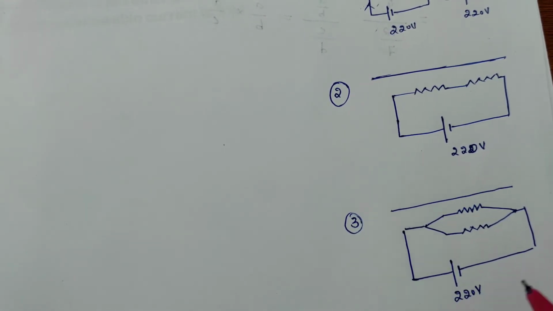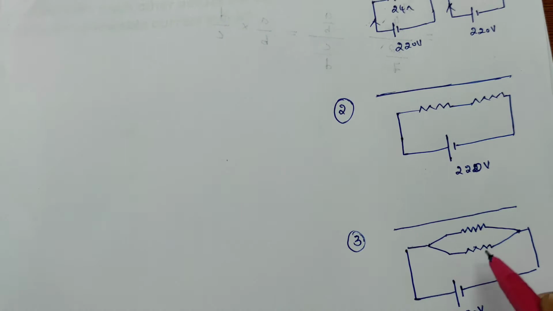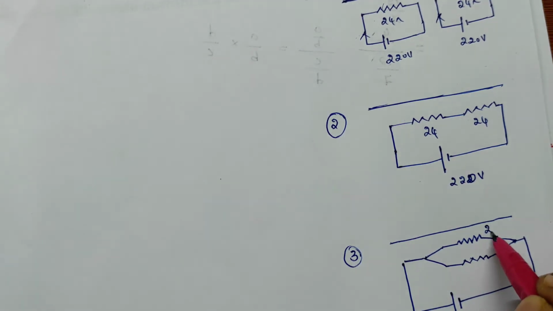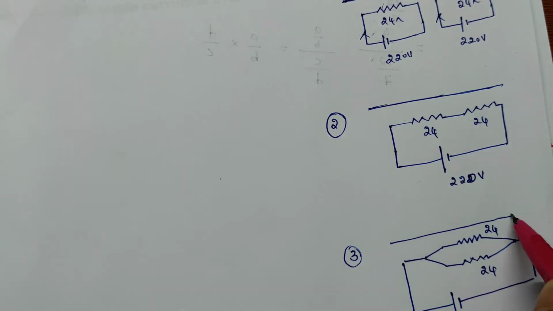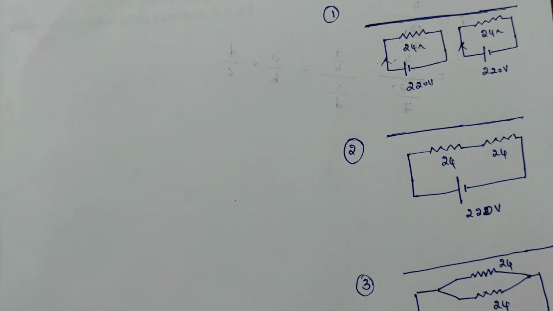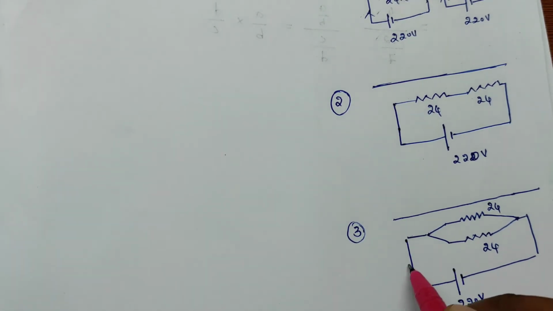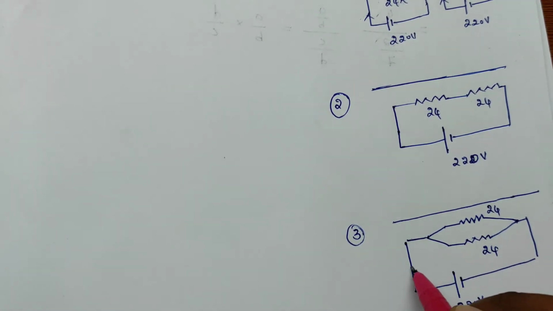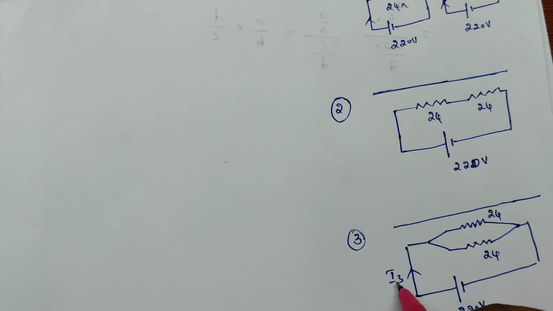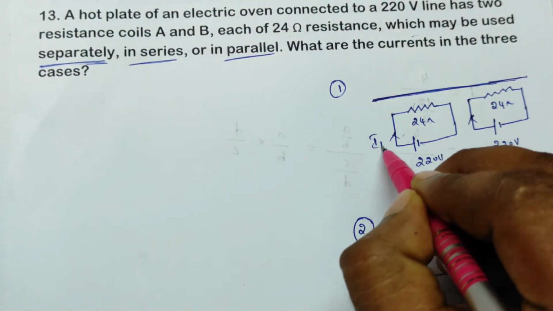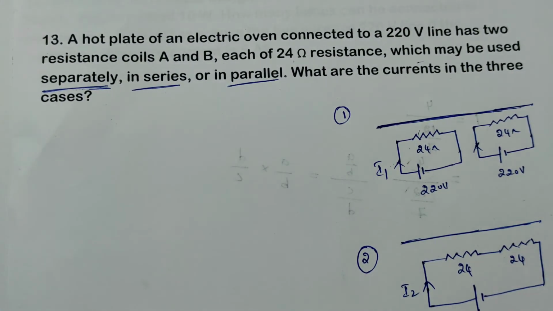This is resistor R1, resistor R2. Remember, in all cases the value of resistance is the same, 24 ohms. What he is asking is: in this case what is the current, I3? In this case what is the current, I2? In this case what is the current, I1?